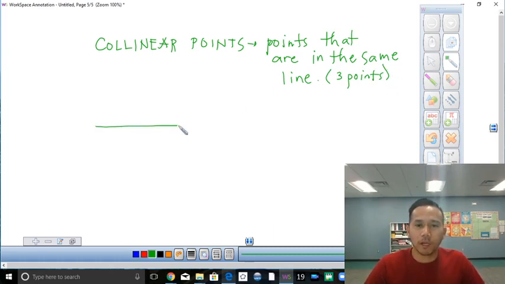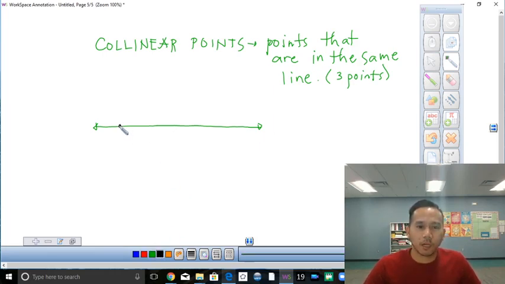Example, so if I have here a line, because a line is composed of infinitely many points, you cannot count the number of points because there are a lot. So you can only name, let us say, 3 or 4.